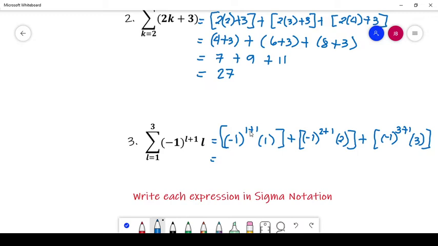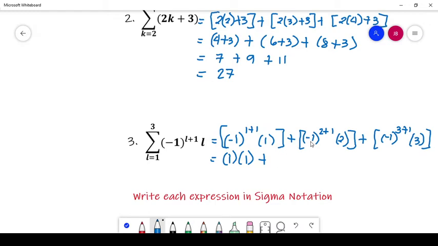So negative 1 raised to 2 is 1, times 1. Plus negative 1 raised to 2 plus 1. 2 plus 1 is 3, which is odd. So if our base has a negative sign and its exponent is odd, then the result is still negative.